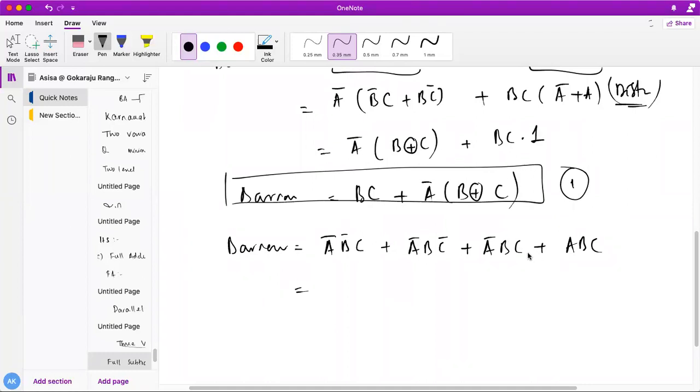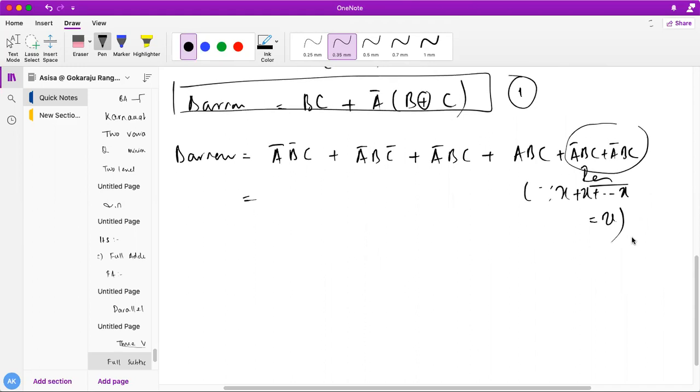Why are we going to add two more a bar b c? So I can apply the distributive law among all the things. So I am going to add 2 times a bar b c. Why? Because as we know that x plus x plus x is x. So this is actually the idempotence theorem. According to the idempotence theorem, I can OR any number of minterms to it so that it will not change my value.